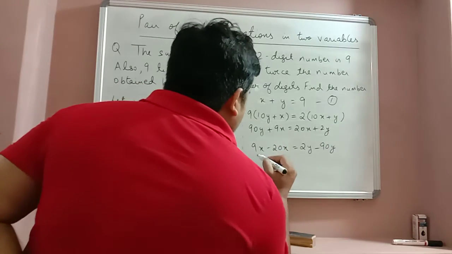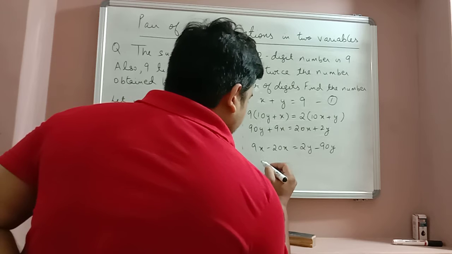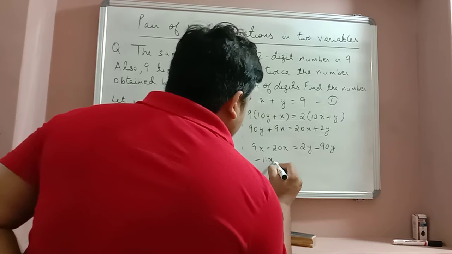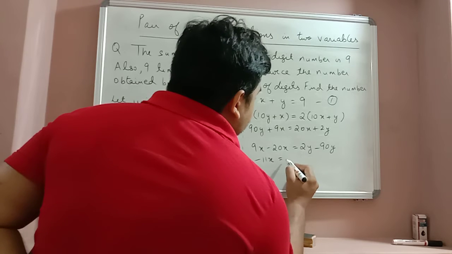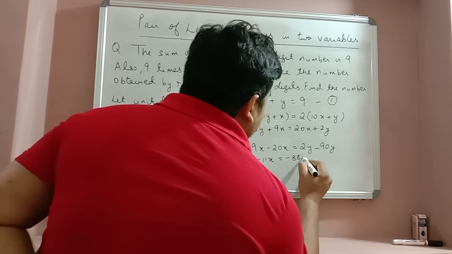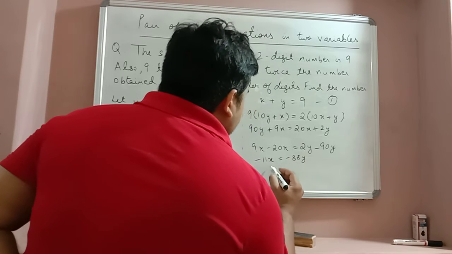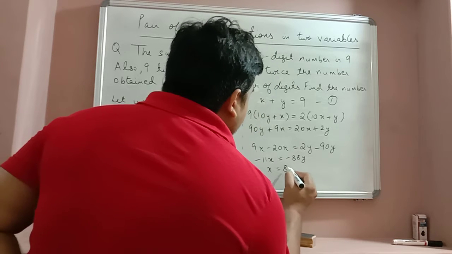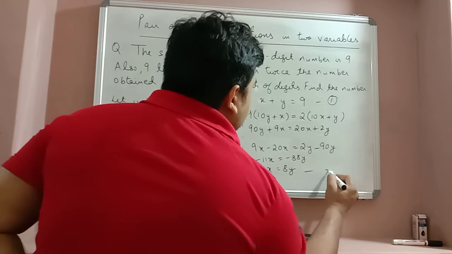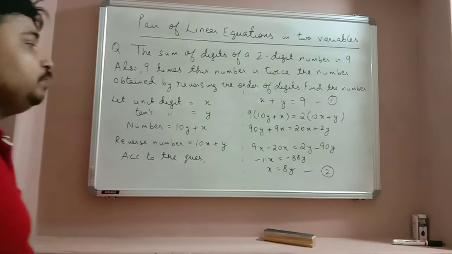Now this can be written as minus 11x equals minus 88y, or we can simply say that x equals 8y. This is our equation number 2.